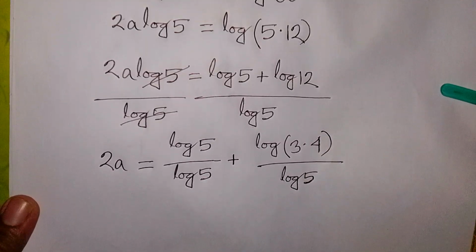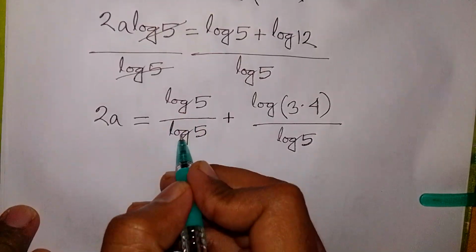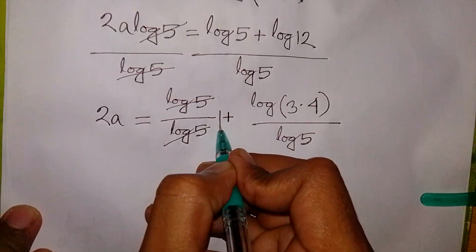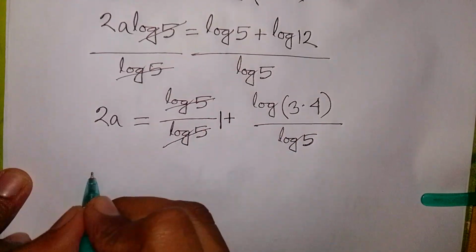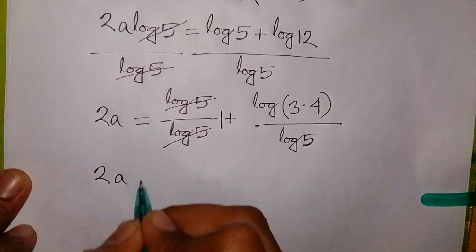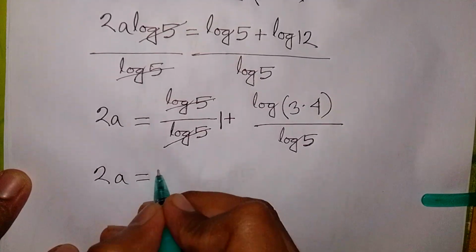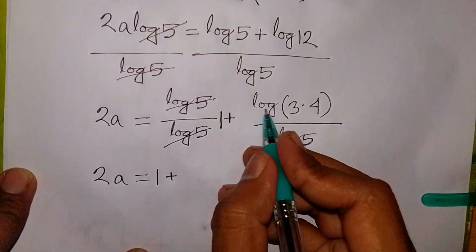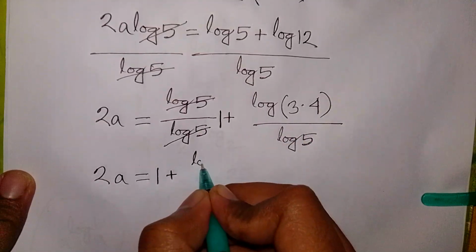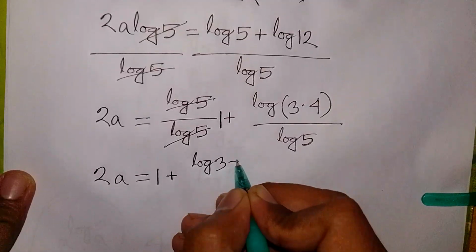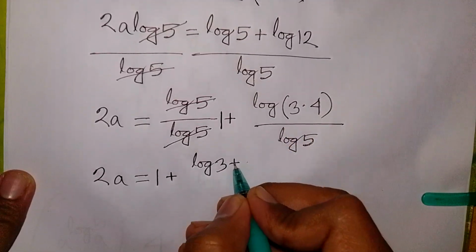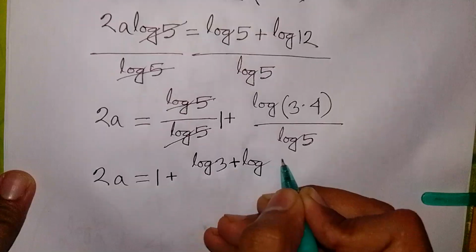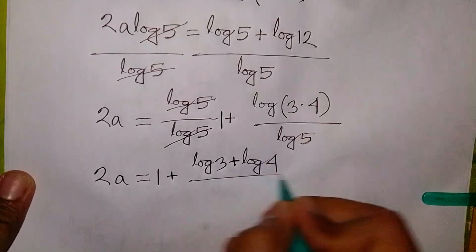Now we see this log 5 over log 5 will be cancelled, giving 1. So 2a will be equal to 1 plus log of 3 times 4, which is the same as log 3 plus log 4, over log 5.